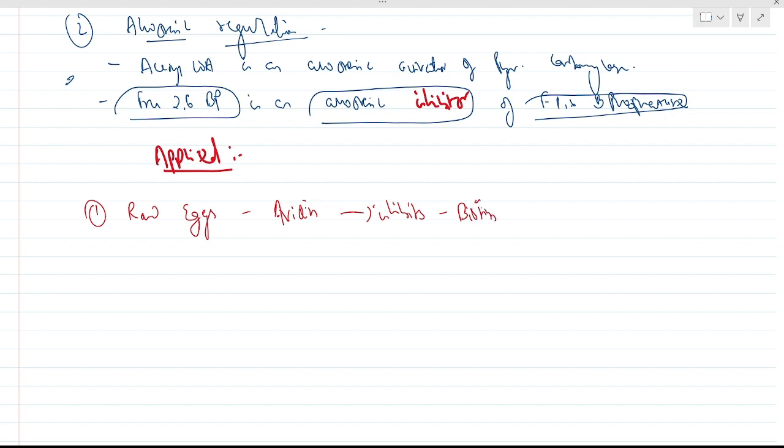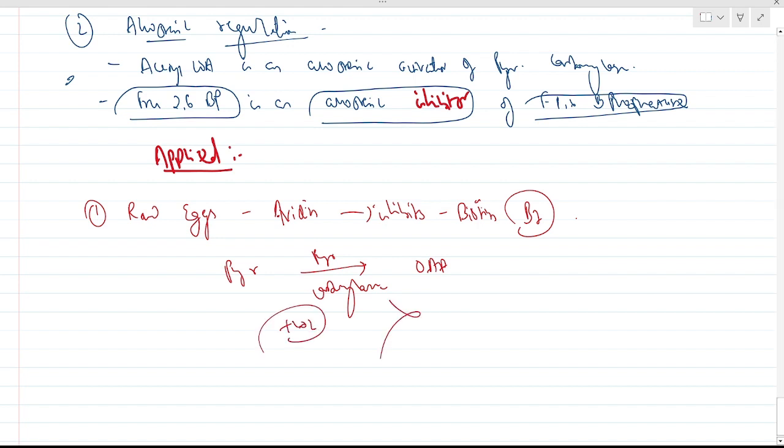Avidin in raw egg inhibits biotin, vitamin B7. So in pyruvate to oxaloacetate by pyruvate carboxylase, the addition of CO2 does not take place. The step fails, which leads to gluconeogenetic failure.